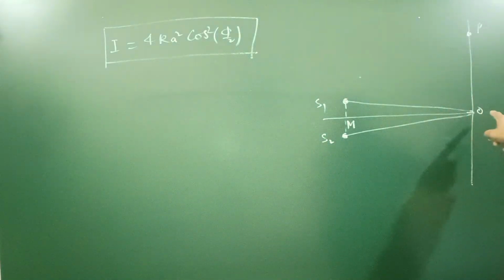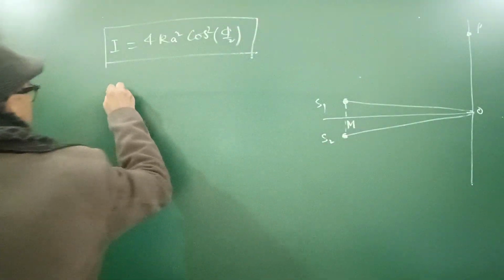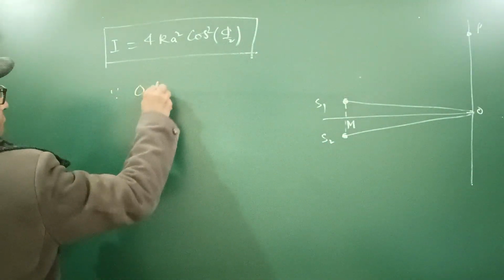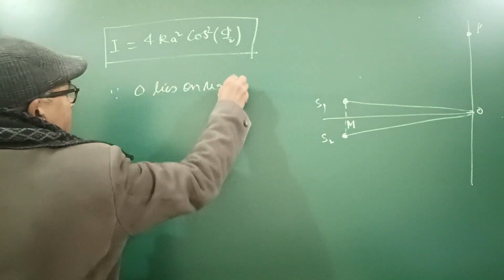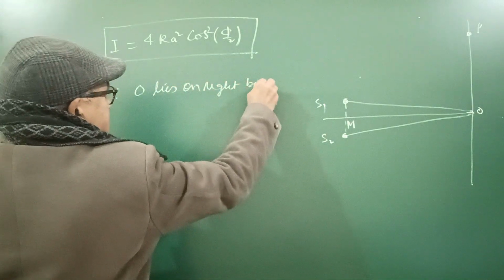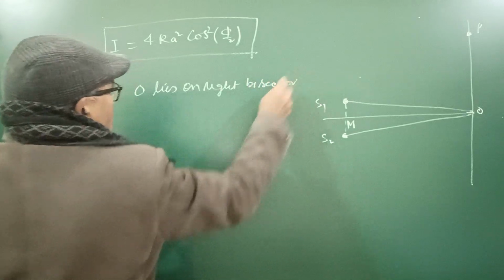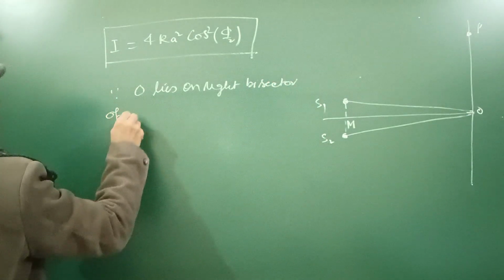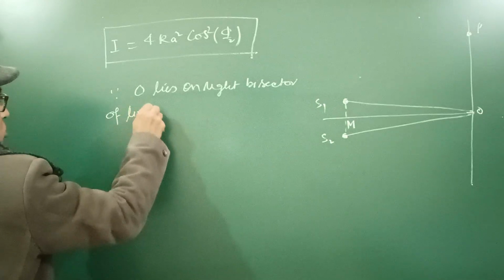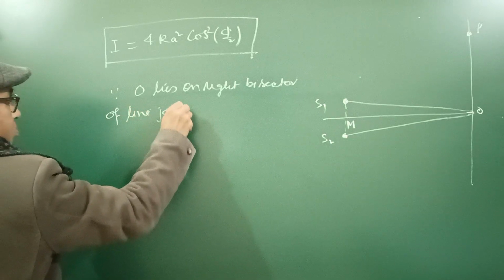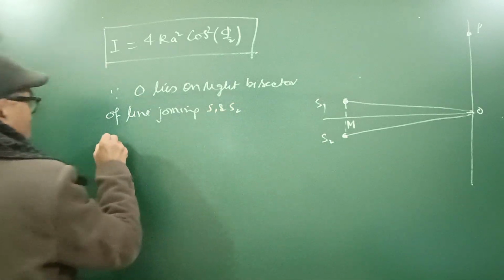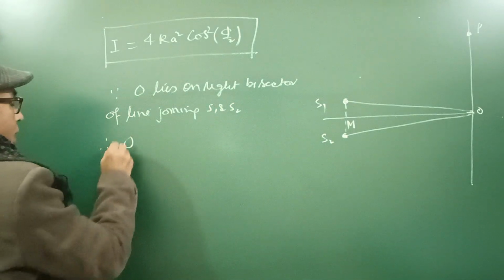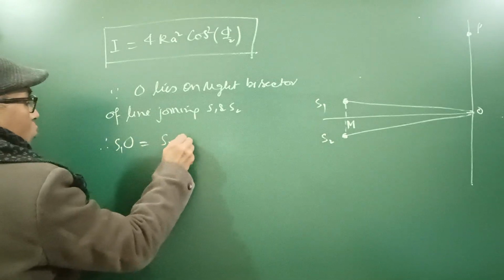Since point O lies on the right bisector of the line joining S1 and S2, S1O is equal to S2O.